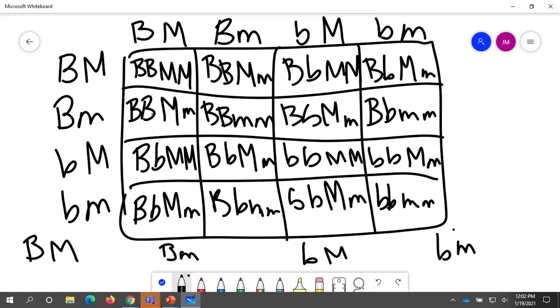So we go through and look. Anything that has a big B has brown hair. And if it has a big M also, it has melanin. So we have 1, 2, 3, 4, 5, 6, 7, 8, 9 that have both a big B and a big M. Then we look for big B, little m.